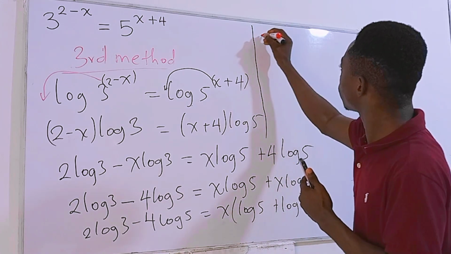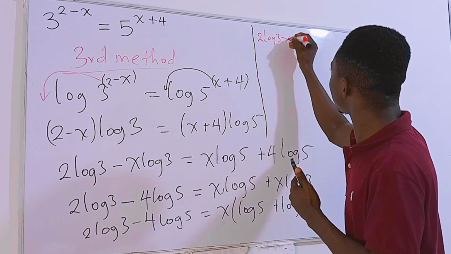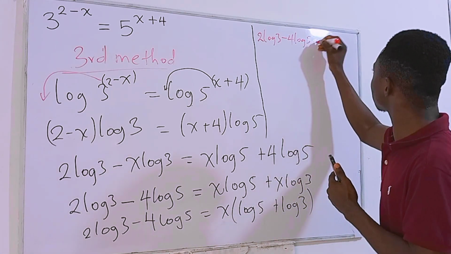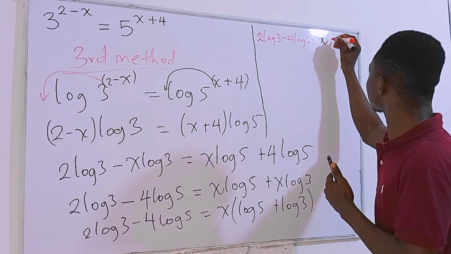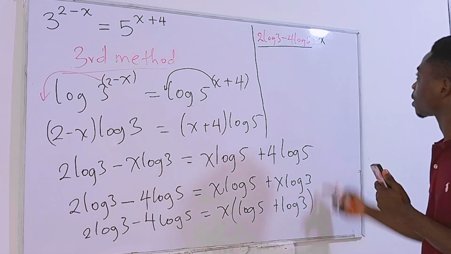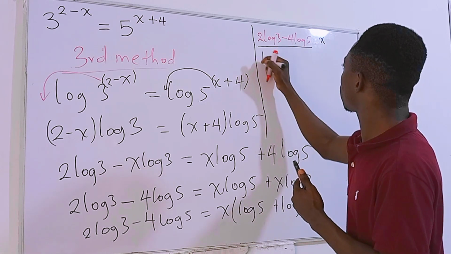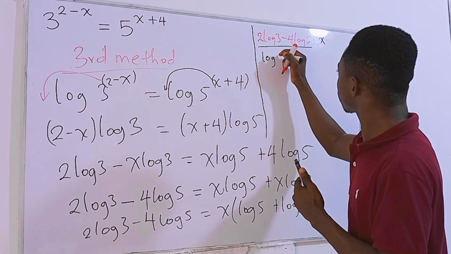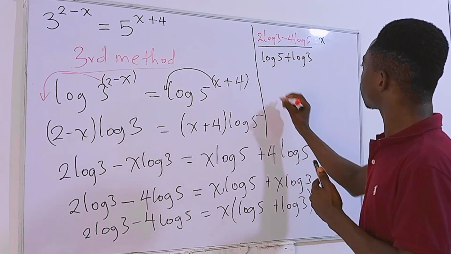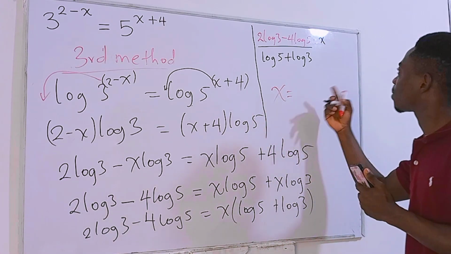We will have 2 log 3 minus 4 log 5, and this is equal to x, and we can divide straight away by log 5 plus log 3. So, ladies and gentlemen, that is our value for x.